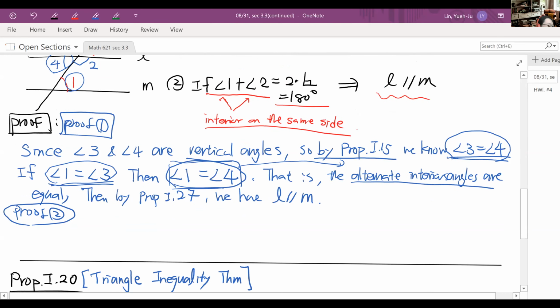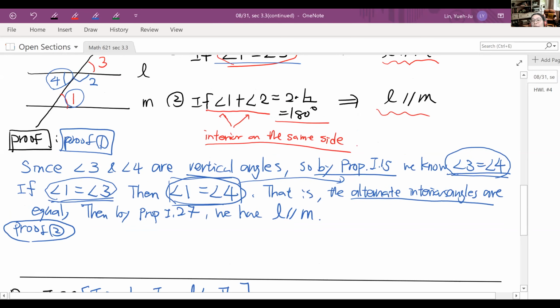Now for 2, we have the same philosophy. Once we can get to alternate interior angles being equal, then we're done, because then we can use 1.27 to imply that L is parallel to M. So how do we get to that step when we have the assumption that 1 plus 2 is 180 degrees?